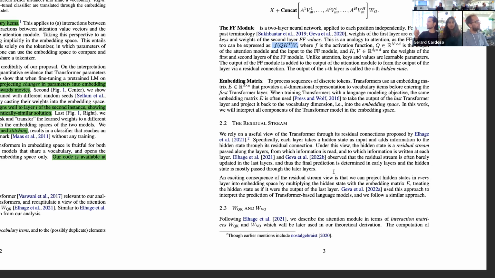And this information is passed through all of the different layers. So you can think of every layer as a step in the transformer that's adding information to it. And so you can project what's happening at each stage into the embedding space to try to understand what's happening.